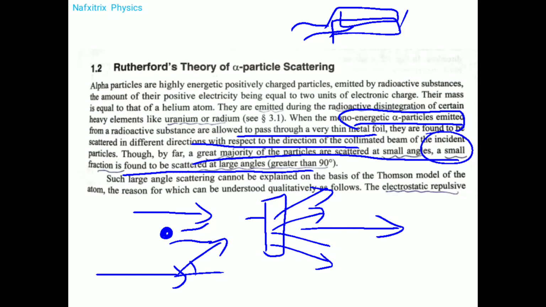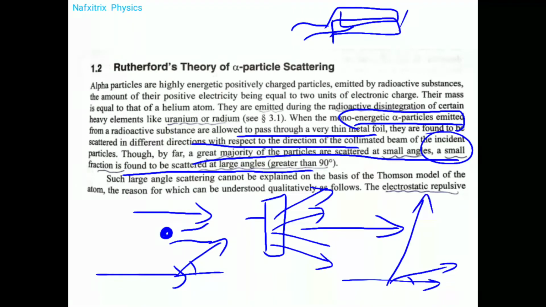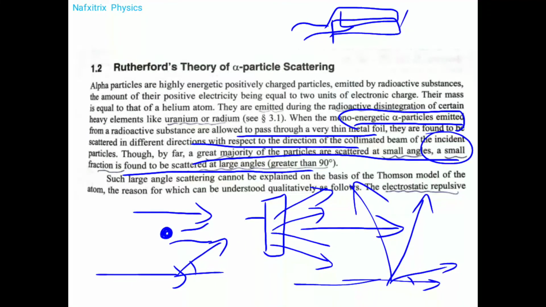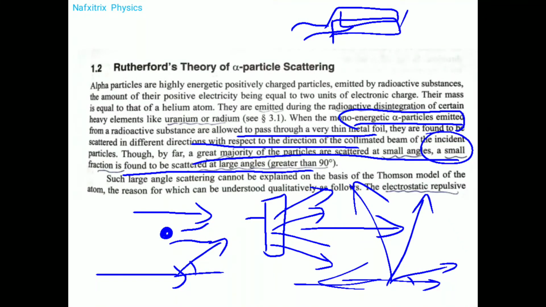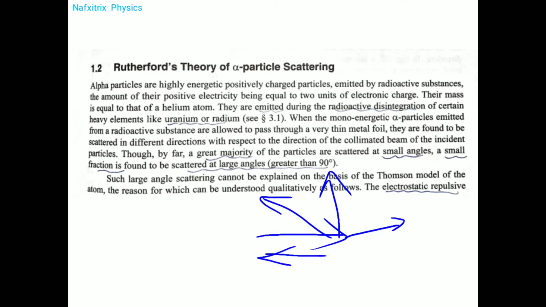Some might be scattered at lower angles like this, just a small angle, and some might be scattered at large angles like this, or like this, or even 180 degrees like that. If this is the incident direction, some of the alpha particles would be scattered at smaller angles in this direction, some at larger angles, and some might return back, that is 180 degrees.